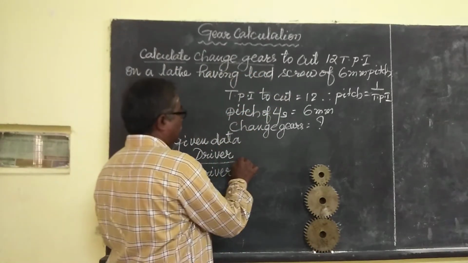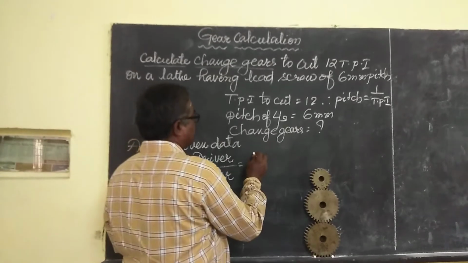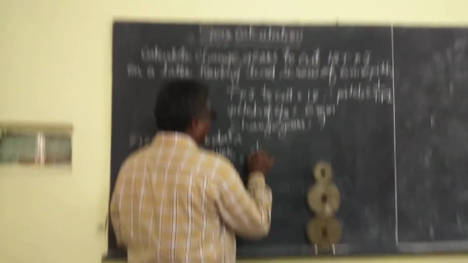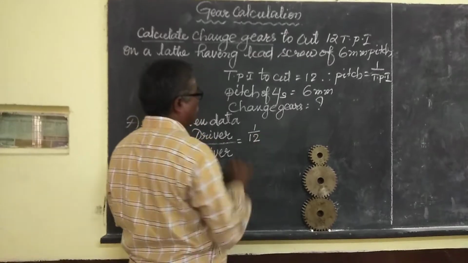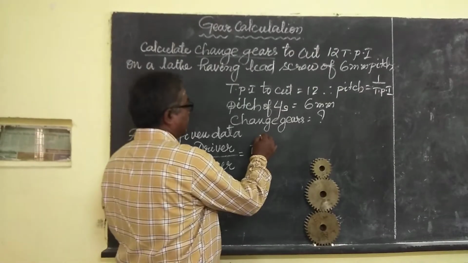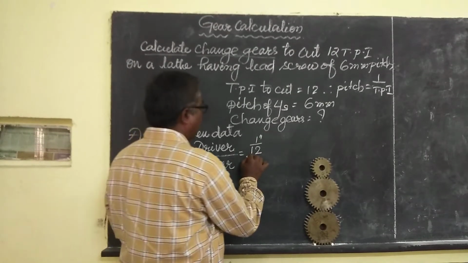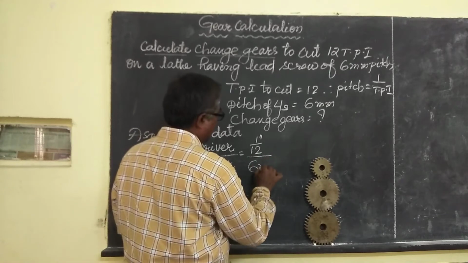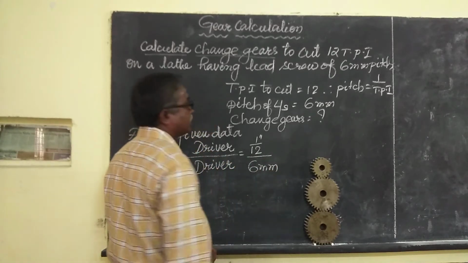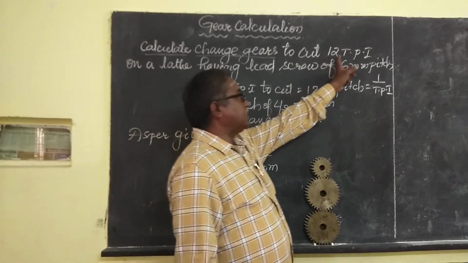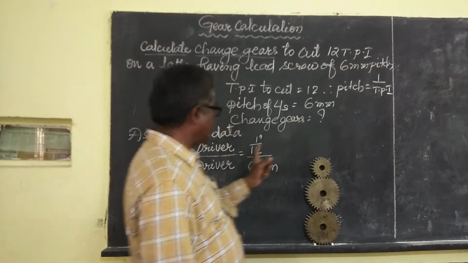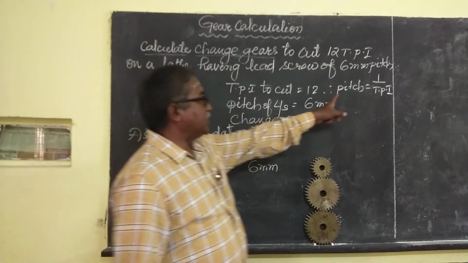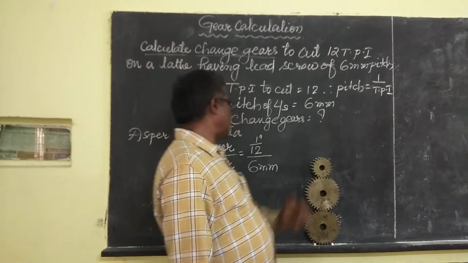So that is equal to the job, 12 TPI, that is 1 by 12 inches, by 6 mm. TPI is threads per inch. Here pitch is equal to 1 by 12.